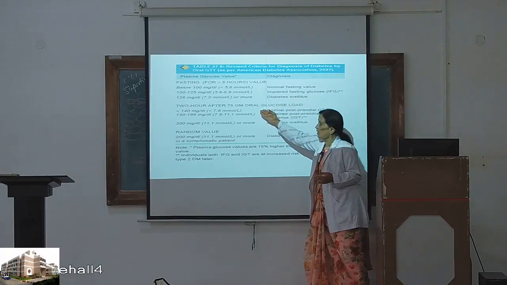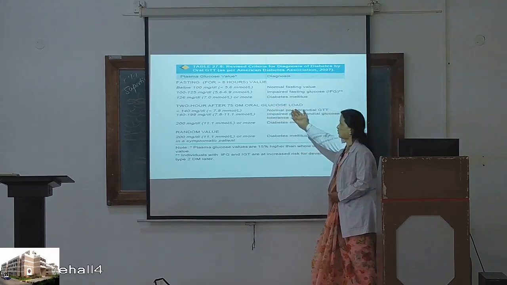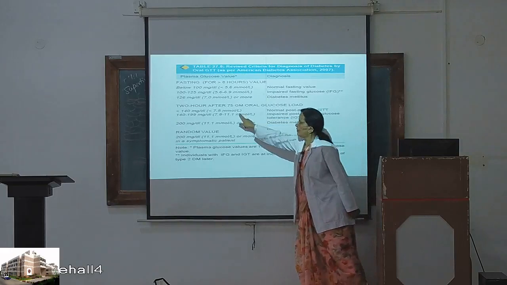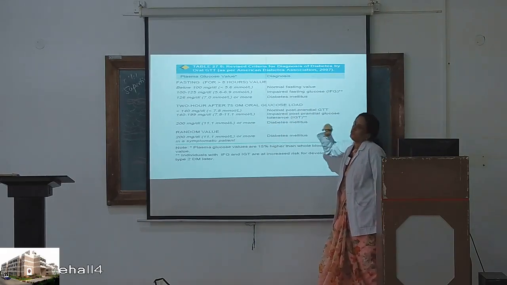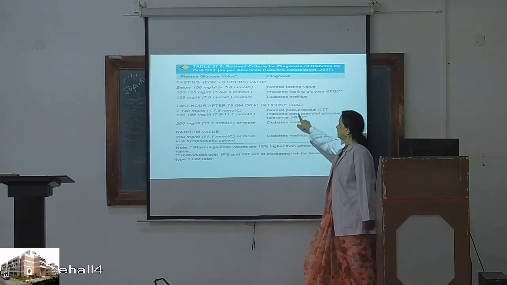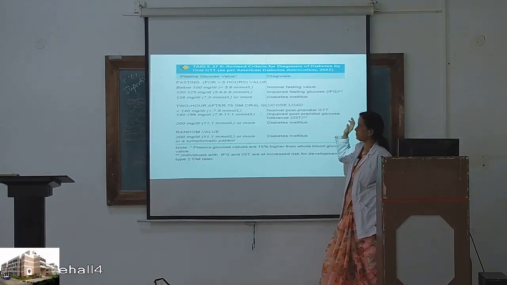Then 2 hours postprandial, that is after giving 75 grams of oral glucose load. Normal, we have to find it less than 140 milligrams. If the values come to 140 to 199, then we say impaired postprandial glucose tolerance.